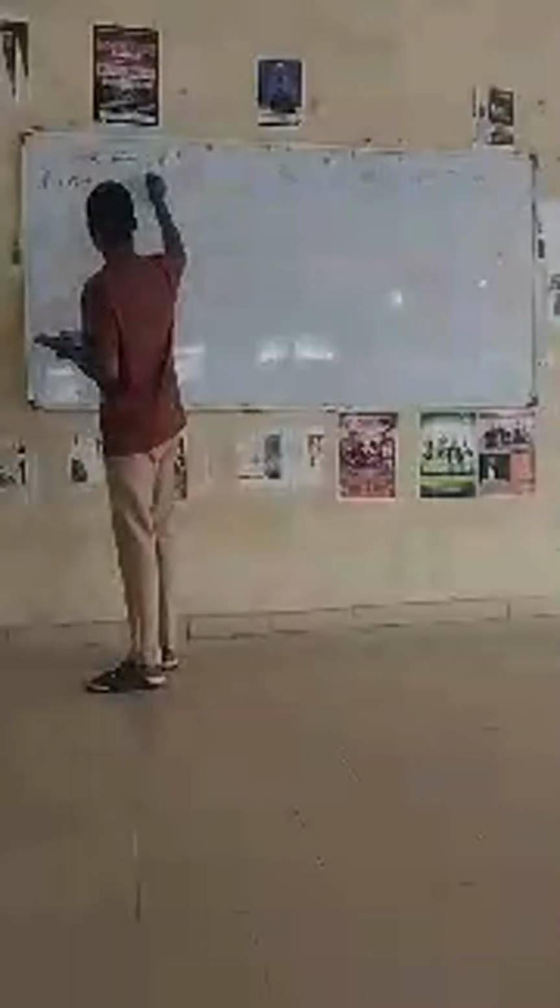So if the probability of something happening is 0.4, the probability of it not happening is 1 minus 0.4, and that will give us 0.6, right? That's the first statement. The probability that it's going to rain on a particular day is 0.4, and probability of it not raining is 0.6.